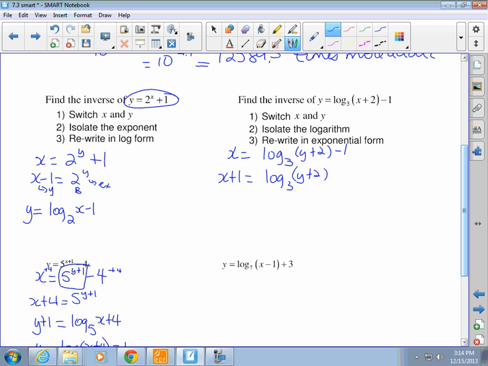To take this into exponential, this would be 3 to the power of x plus 1 is equal to y plus 2. So I bring that over: 3 to the power of x plus 1, minus 2, is equal to y.